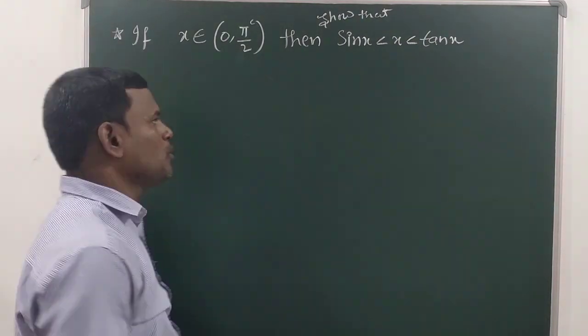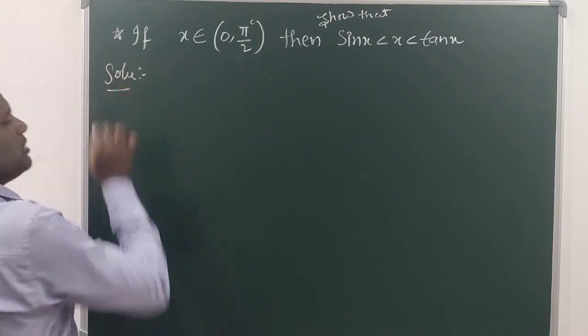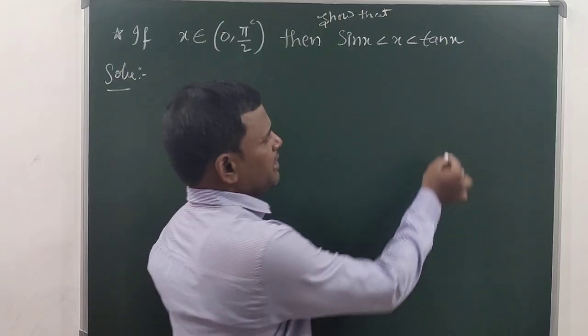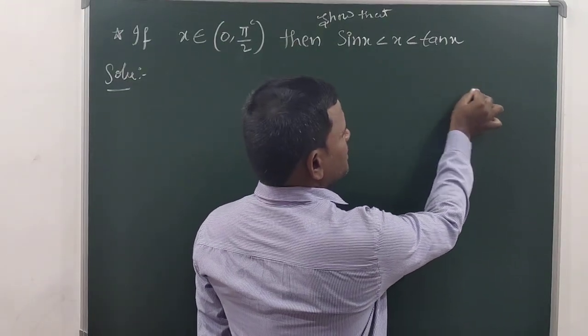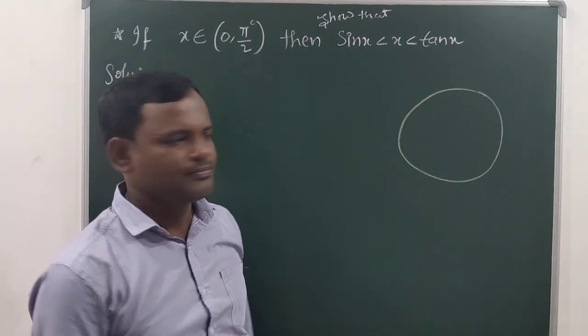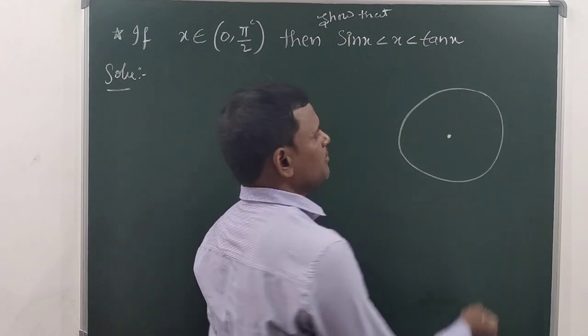Okay. So to prove this inequality, here now I would like to use plane geometry concept. So here consider a circle of radius r units. See, this is the center of a circle.